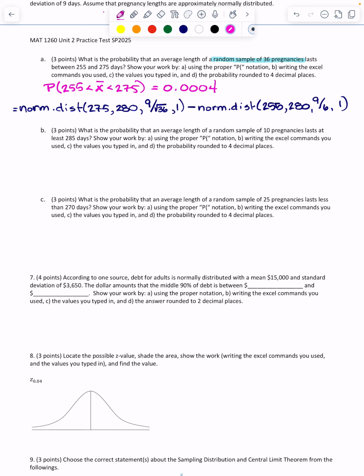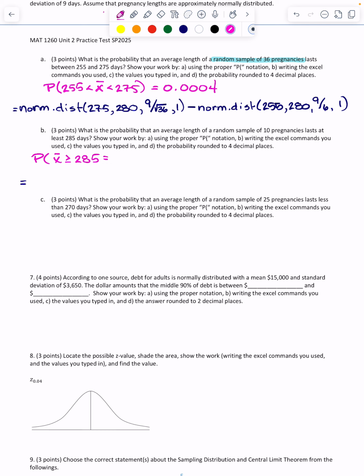What is the probability that the average length of a random sample of 10 pregnancies lasts at least 285? So at least means 285 or bigger. Again, it doesn't matter if we have just greater than or equal to.